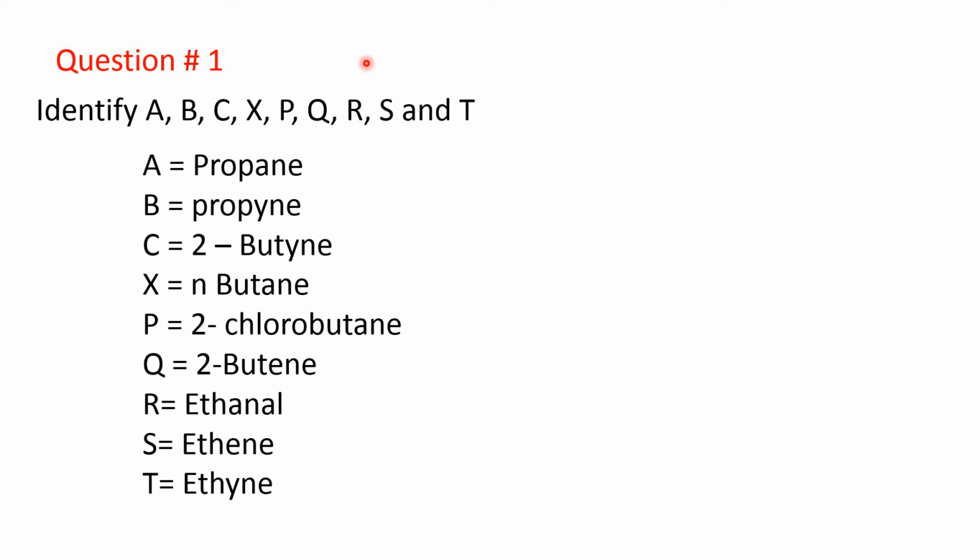This is our question number 1. As we have seen, compound A is propane, compound B is propyne, compound C is 2-butene, X is n-butane, compound P is 2-chlorobutane, Q is 2-butene, R is ethanal, S is ethene and T is ethyne. So, this is the solution of this problem and these are the answers of question number 1.